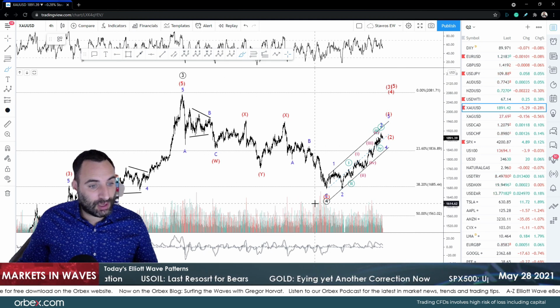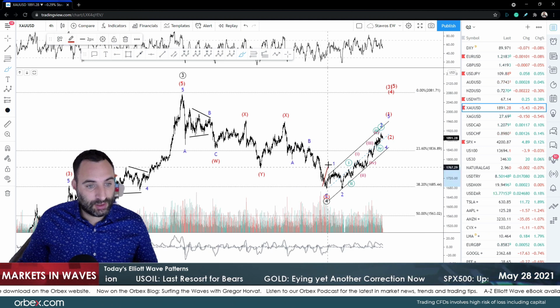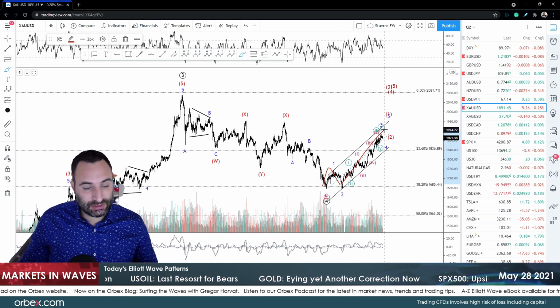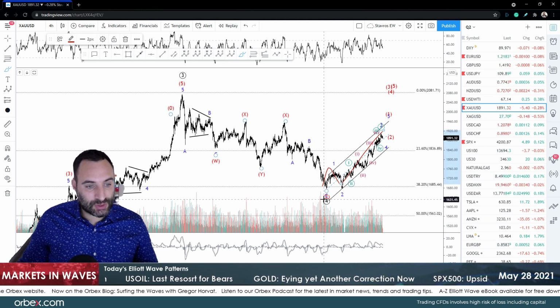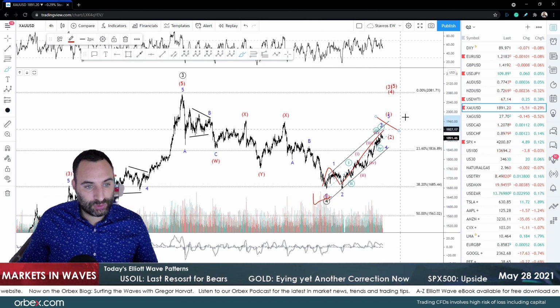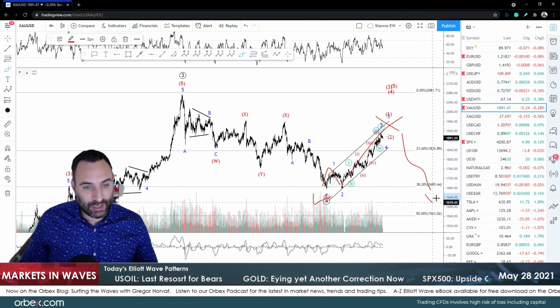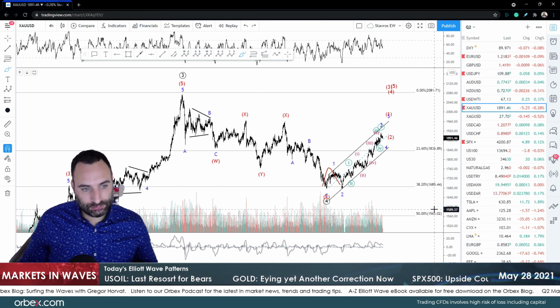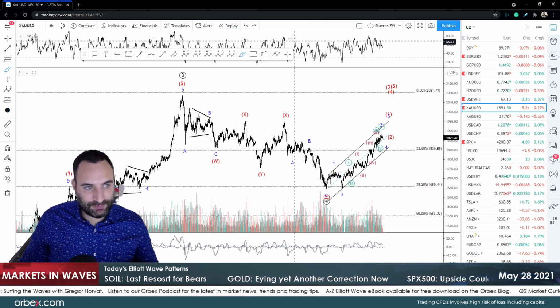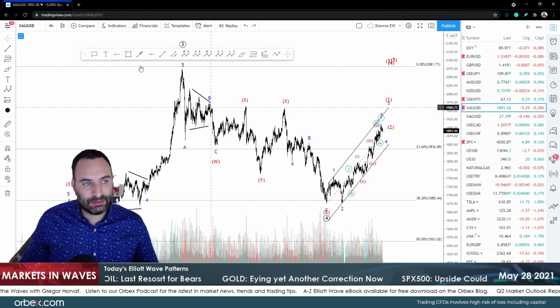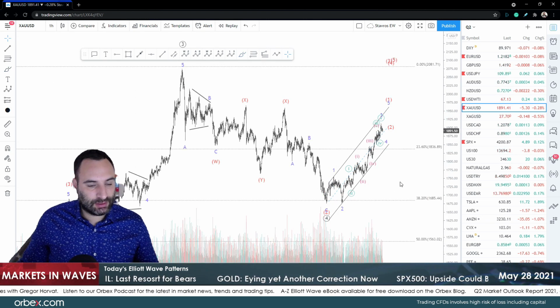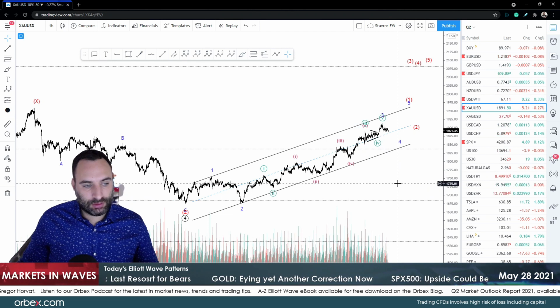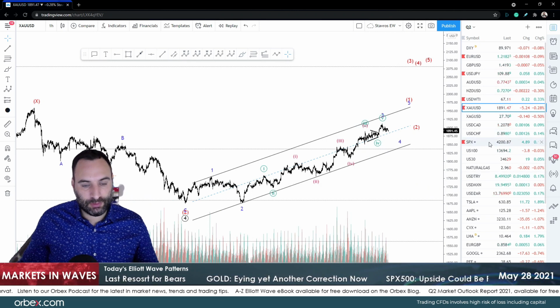If we don't move up, most likely it's going to be an A, B, and a C, which means that it is going to continue, that's going to be W, X, and Y. So we're talking about a completely different scenario here, and sentiment obviously is not supporting this alternative right now.